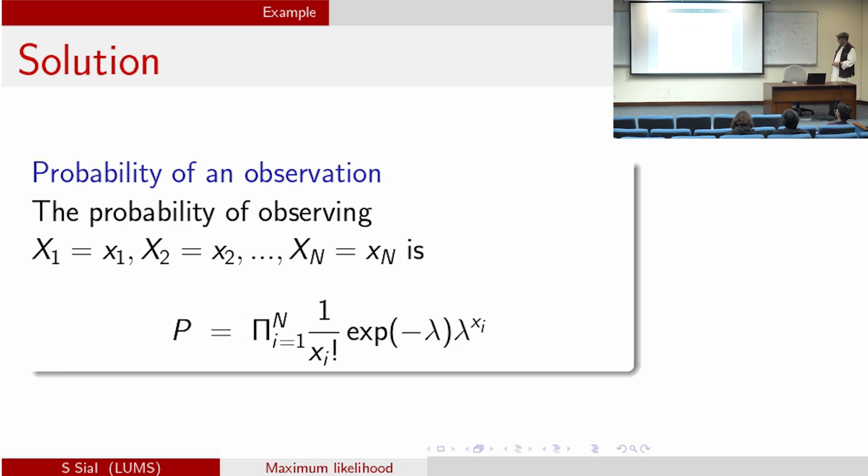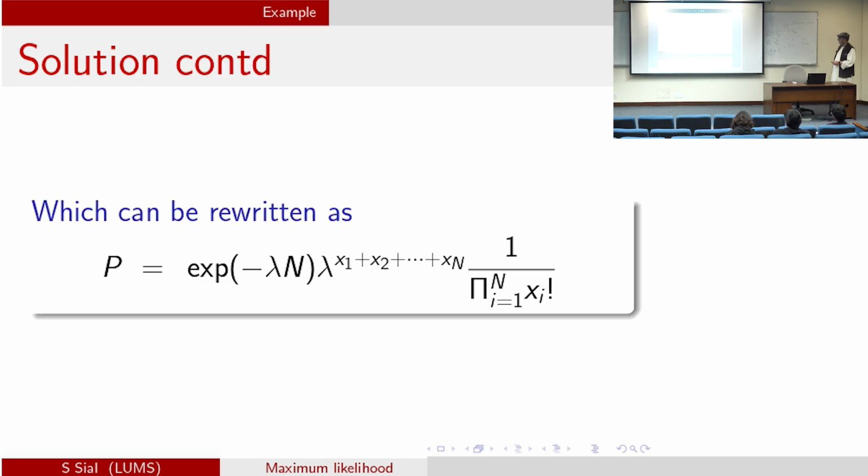And then this is a product of 1 over the xi factorials, so that can be thought of as 1 over the product of the xi factorials.